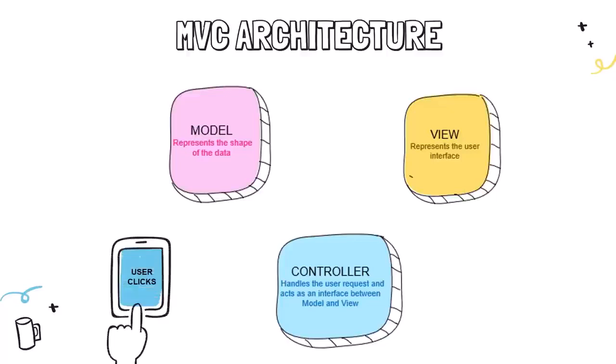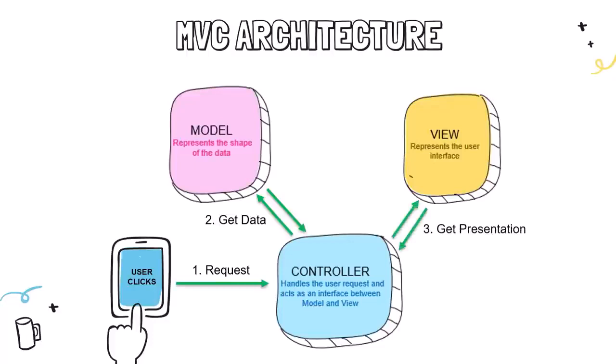What happens is when a user clicks on one of the buttons or opens the website, the request will first go to the controller. Controller will then determine what model it has to fetch. It will retrieve all the data that is needed using the models, and then it will pass all the data that is required to be displayed to the view component.